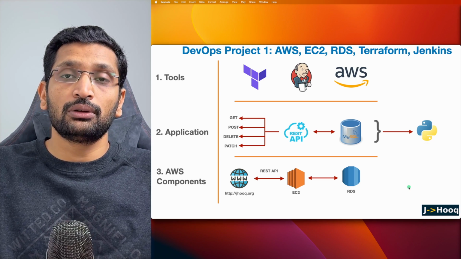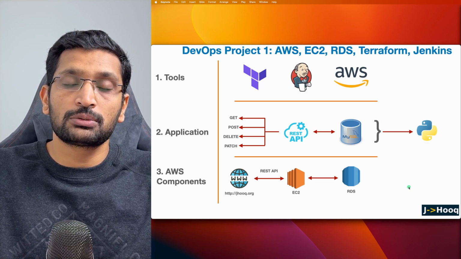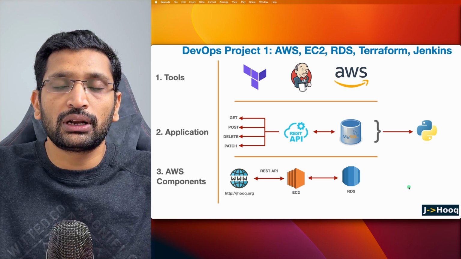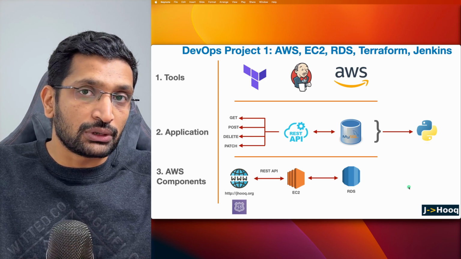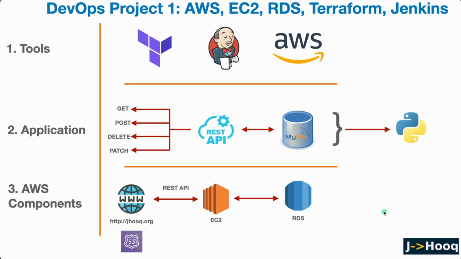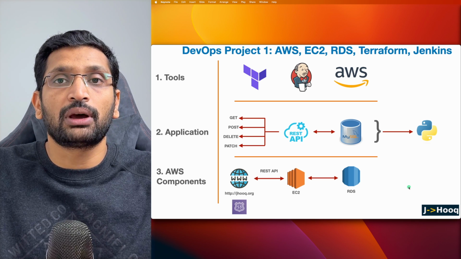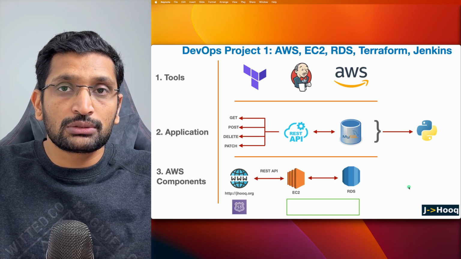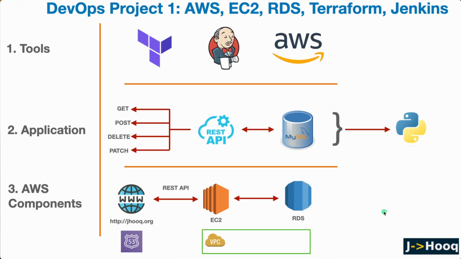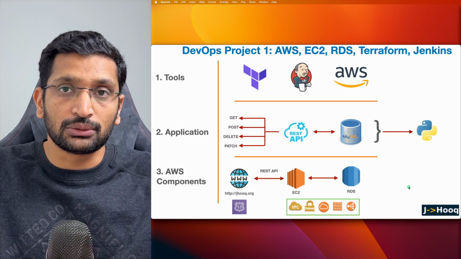But to implement this request flow, we need to enable certain components and services of AWS. So let's take a look at the components individually. First, we will work on Route 53, which is an AWS managed service for managing domain requests. Second, we need to set up the whole networking for this project, and for that we will be using the VPC, then the subnet, then we'll set up our internet gateway, then our route table, and at last our application load balancer for our EC2 instances.